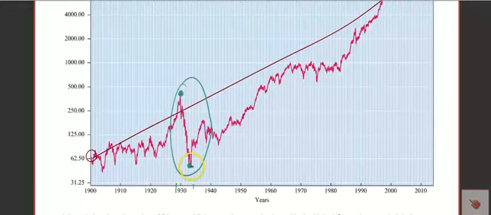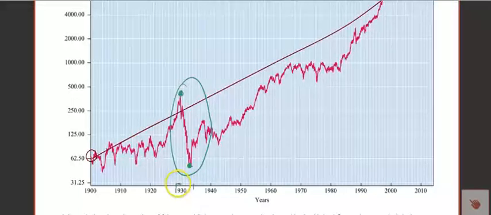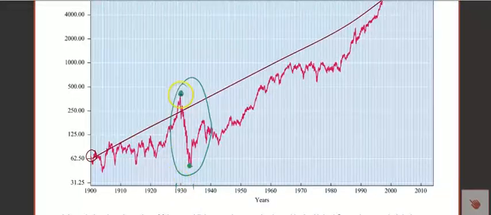Let's take a look at if someone invested their money here at this high in about 1929, somewhere around there. They were at the high, lost all that money. How many years later did it take them to get back up to that high point that they were at? Let's find out what that year is. Gosh, these lines are hard to see.